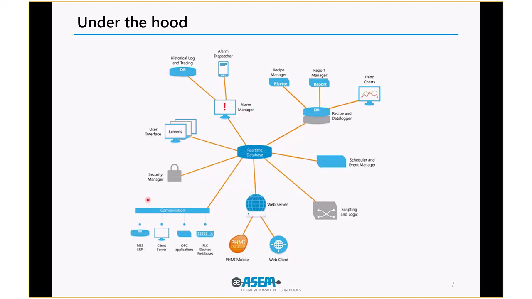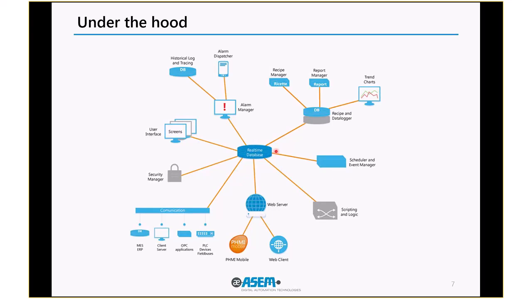The communication protocols are reading data from external devices, client server scenarios, OPC, PLC. So the field information comes to what we call the real-time database. This is real-time because it does not have historical capabilities.